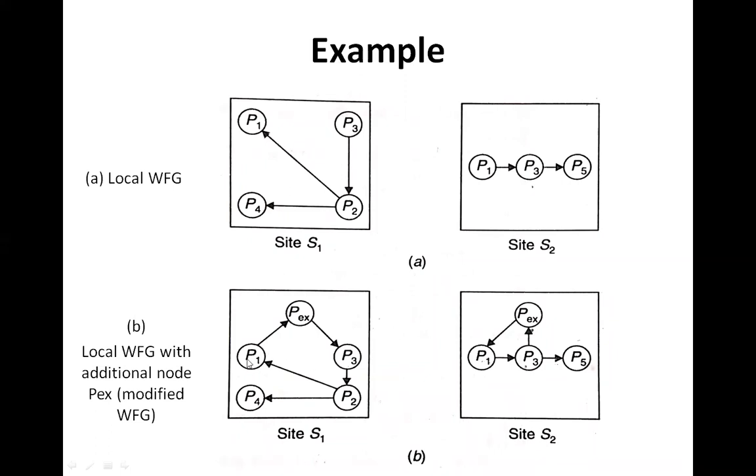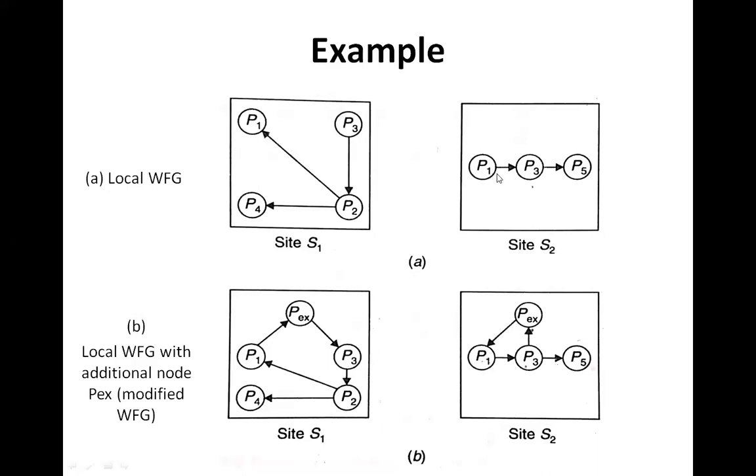So that is why we have put P1 to PEX as an edge. And there is another edge from PEX to P3. It is added because P3 is a process of site S2, and that is waiting to acquire the resources currently held by site S1.